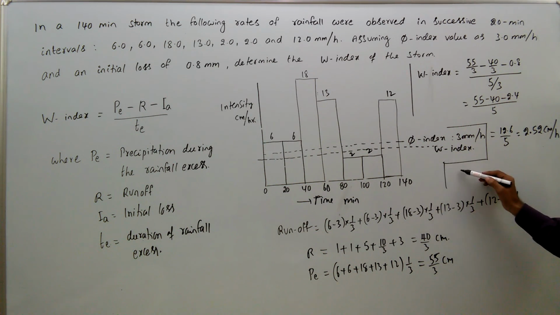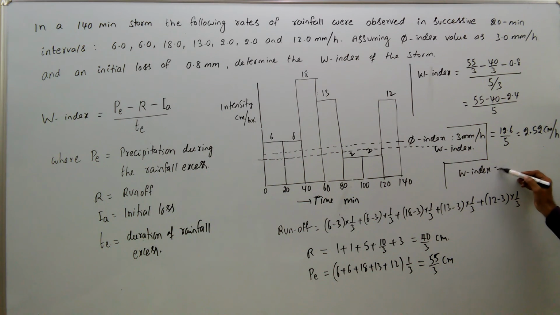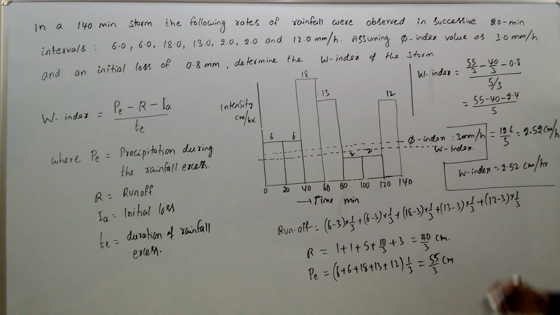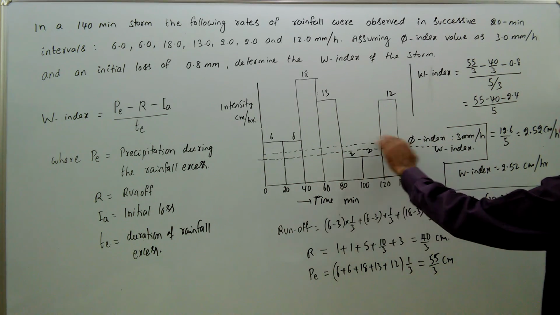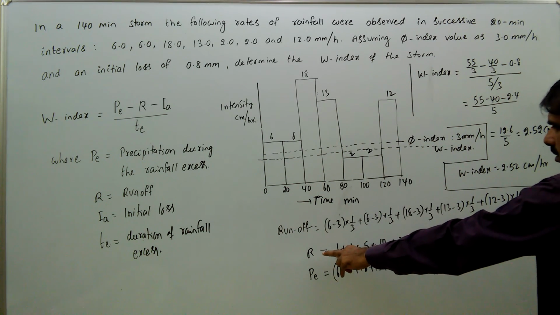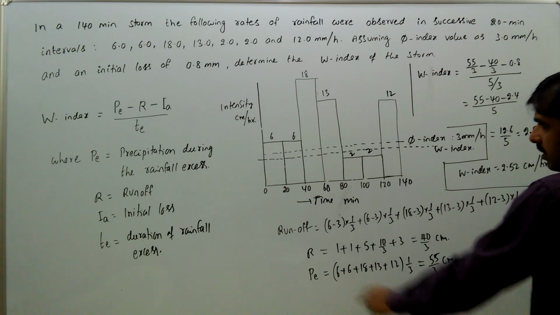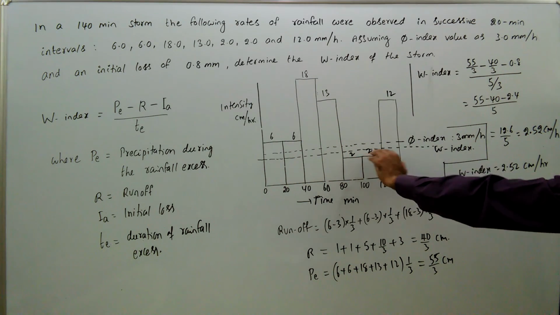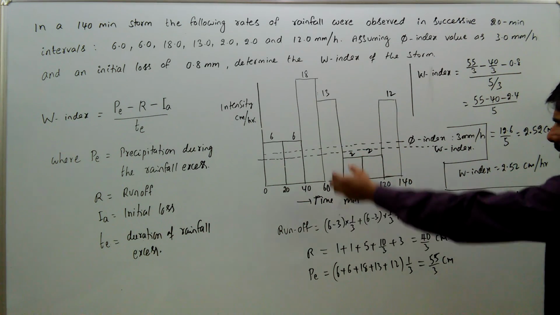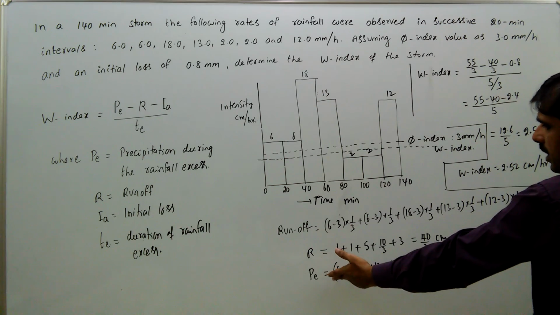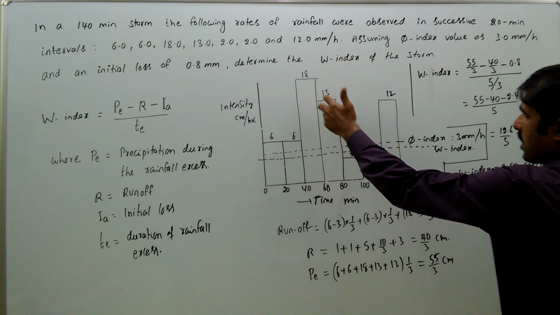Therefore, W index equal to 2.52 centimeter per hour. So here it is very simple. First we found runoff based on pi index, then runoff is 40 by 3. Then for rainfall excess, we assumed W index is above 2. So we got 2.52, it is above only, so our assumption is correct. Then P is the total rainfall, that means 6 plus 6 plus 18 plus 13 plus 12.